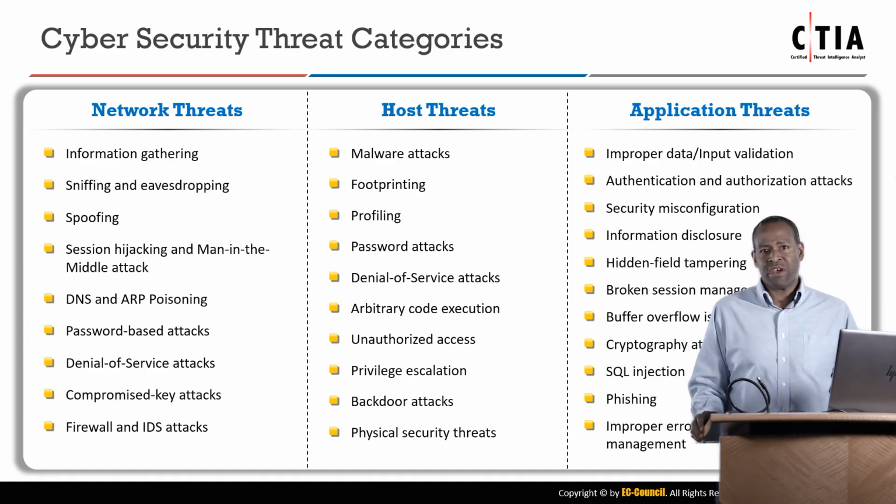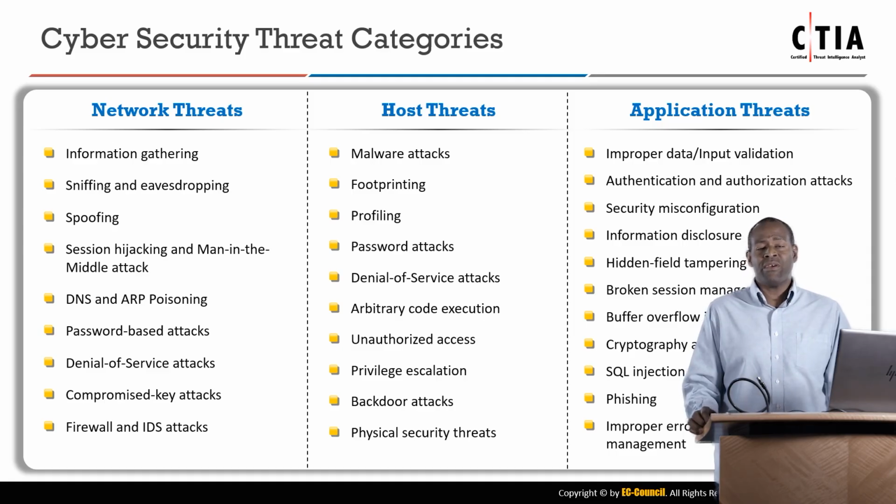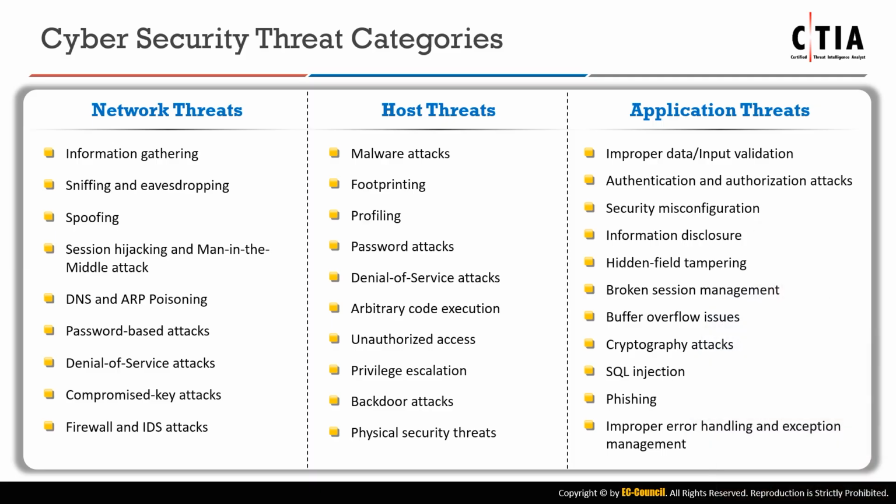Also, we have host threats. So if you can get through the network, we move now into the host with a malware attack. There are various methods and means of doing malware attacks. We'll talk about some of these, but they include sending texts, spear phishing, which means that the user is attacked because of their status in the organization.